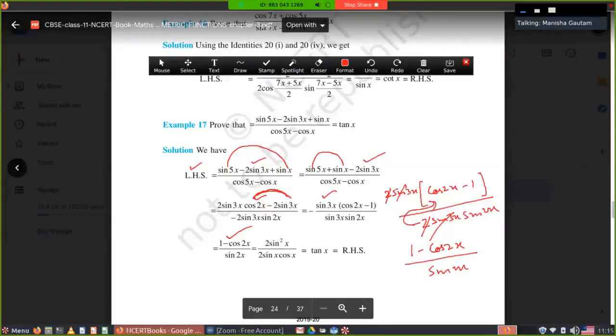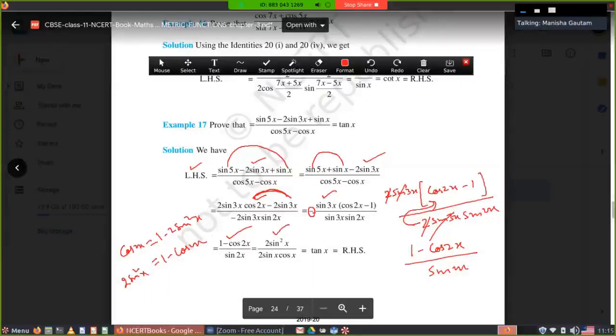This is a minus sign here. Don't miss it. And 1 minus cos 2x is the cos 2x formula. I have told you 4 formulae of cos 2x. Here you are applying 1 minus 2 sin square x. When you rearrange the statement, 1 minus cos 2x is equal to 2 sin square x.